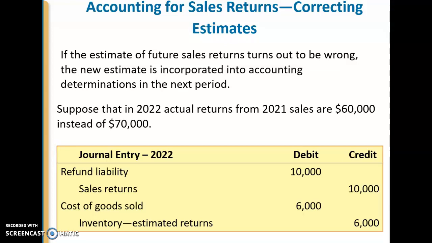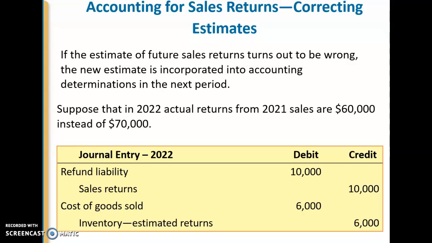In that case, the refund liability account still has a pre-adjustment balance of $10,000. Likewise, the inventory estimated return still has an adjusted balance of $6,000. So in 2022, Hawthorne would record its change in estimated returns of its 2021 sales.